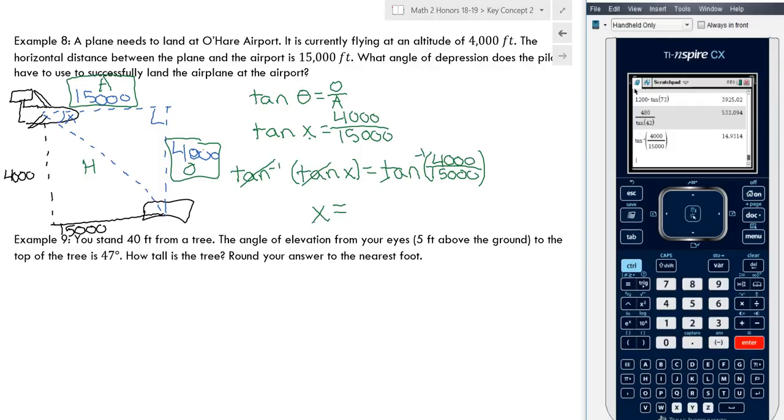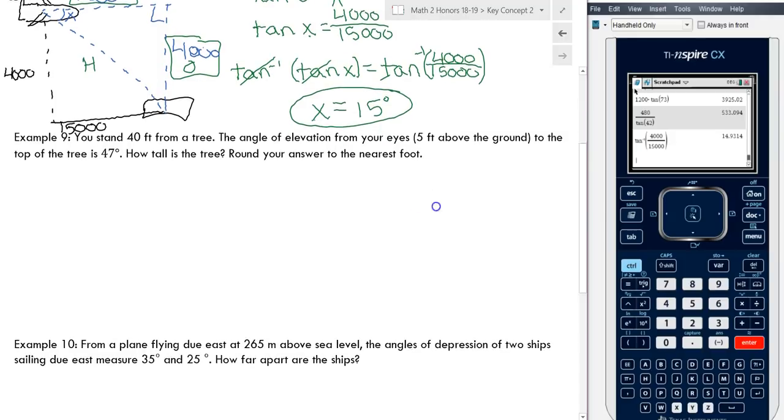And we get 14.9. Let's round that up to 15 degrees. So x equals 15 degrees. Solid. Alright, let's look at example 9.